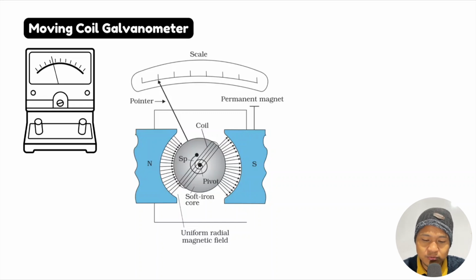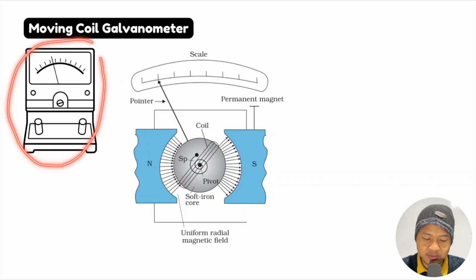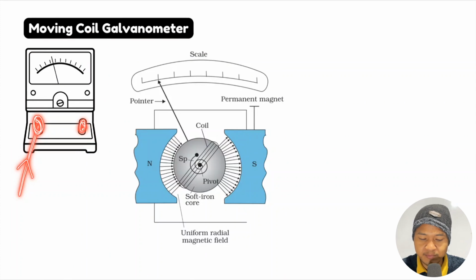I'm just going to derive one or two relations here, like sensitivity and numericals. The proper functioning and construction are in the NCERT textbook, so the diagram is from NCERT. So the galvanometer looks something like this. Here you have to connect wires, so one will be red, another one will be black.